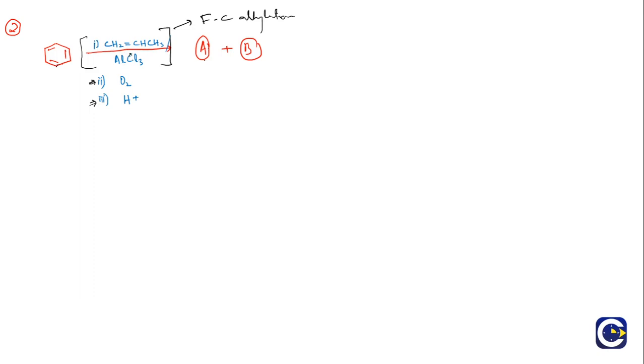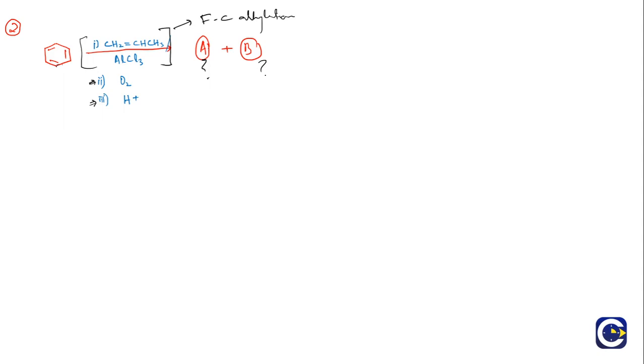That is, in the first step the Friedel-Crafts alkylation reaction takes place. Okay, that means this alkene will be substituted on this benzene ring. Okay, and in the subsequent steps we'll be doing the oxidation of that product, and then the protonation, and we'll get two products in the reaction. So we have to predict these two products, product A and product B.